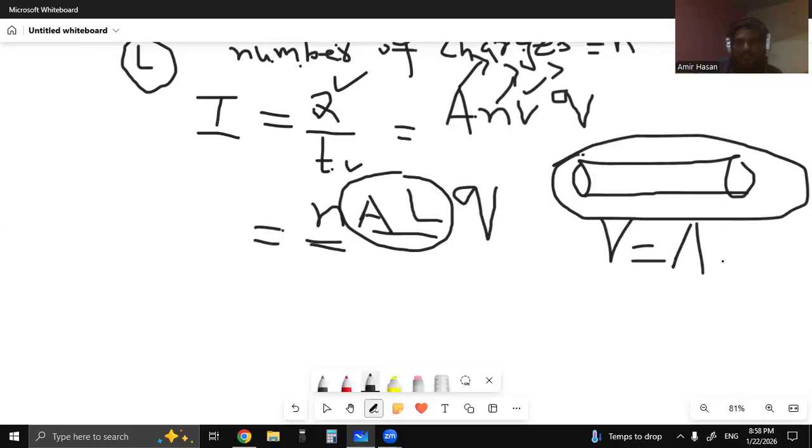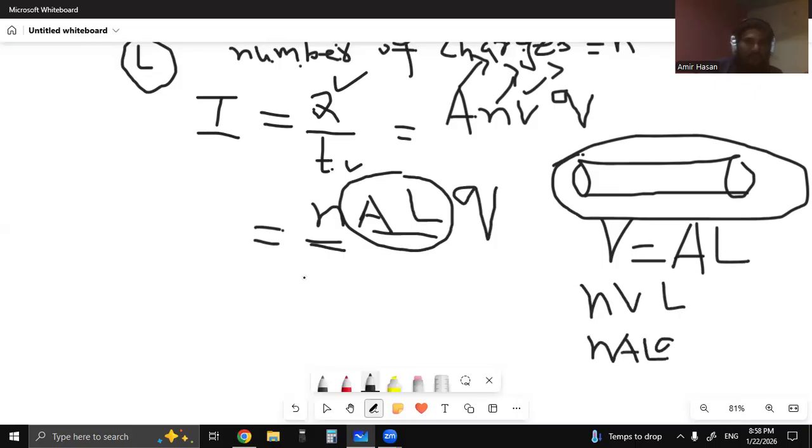If we are forming the total charges, we can find them with the help of the formula n, volume, Q: n the number of charges, volume is area into length, and Q is the charge.